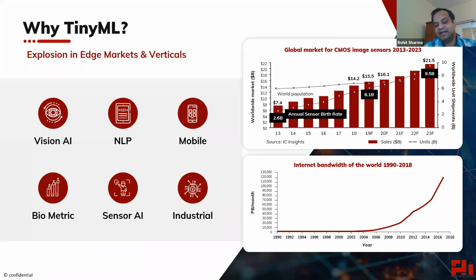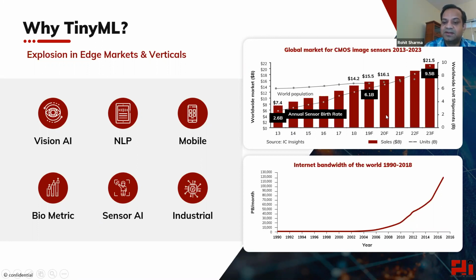On the commercial side, there are several pillars that are pushing machine learning to the edge. If you take vision AI, that depends on image sensors. And it's interesting to note that in 2020 alone, this year alone, over 8 billion image sensors are being produced. The graph you see on the top right is a comparison of world population to image sensors.